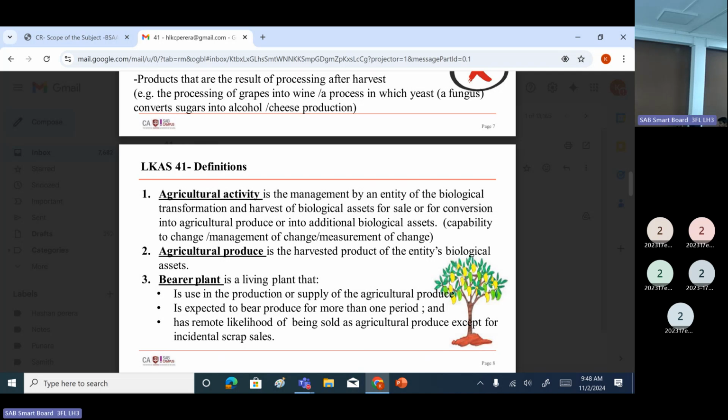As a result of this management activity, you are getting another biological asset. What do you mean by that? So then, you have this glyceria stick, which is used for biogas, right? We have trees, we have sticks.